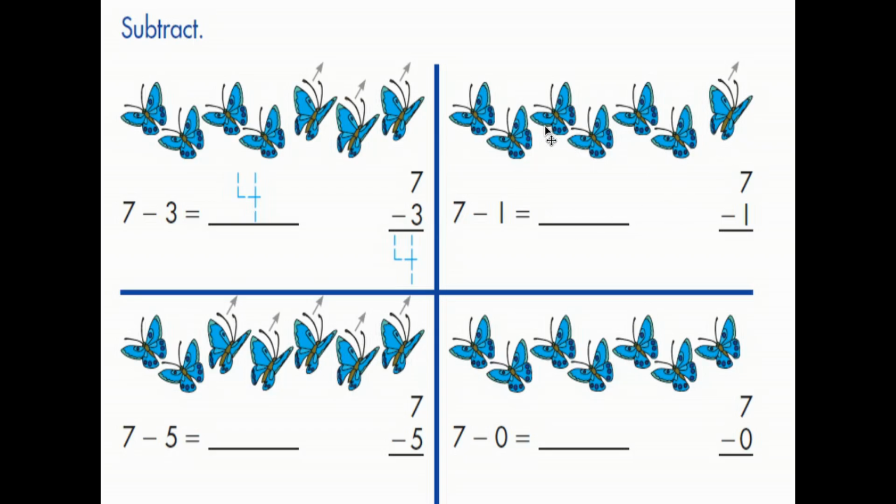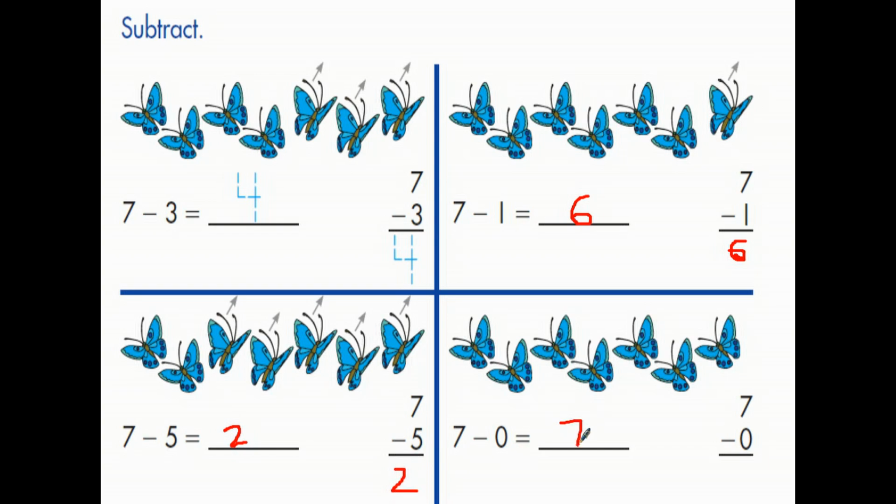And here there were 7, now minus 1, what will be the result? 6, right? It's 6 left. Here also 6. Again here, 7 minus 5 is 2.